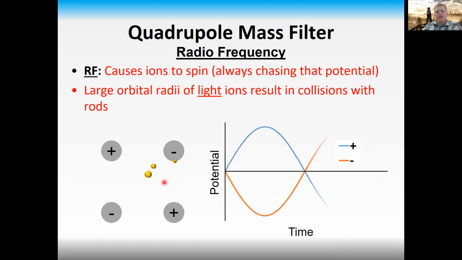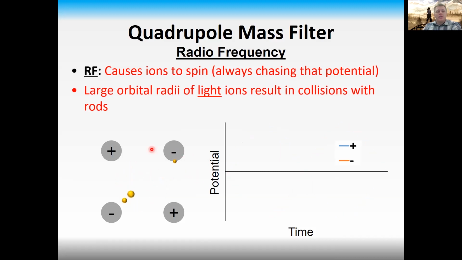But lighter ions, if you'll notice here, we have the heavier ion in the middle and the lighter one outside. The lighter one is able to travel more quickly, and so it actually gains a larger orbital radius as it's chasing that potential. And if it's too light, it can then fly into one of the poles and get stuck, because its orbital radius is big enough and it's traveling fast enough that it caught that wave.